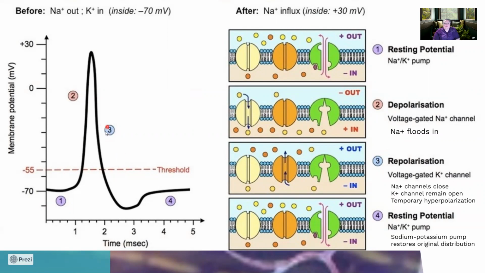And then in the third step here, it's describing repolarization. This is when the sodium channels close, the potassium channel remains open, and it even works towards a temporary hyperpolarization. A voltage gated potassium channel, which I'm going to describe a little more in a moment, is also helping with that repolarization.